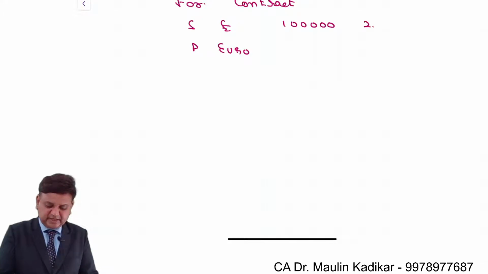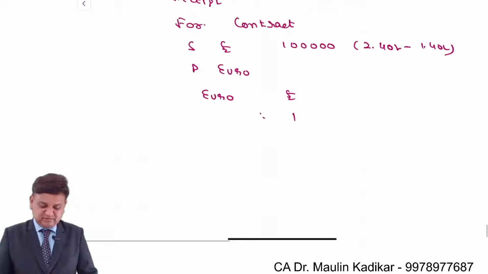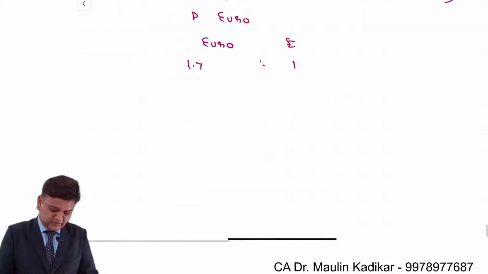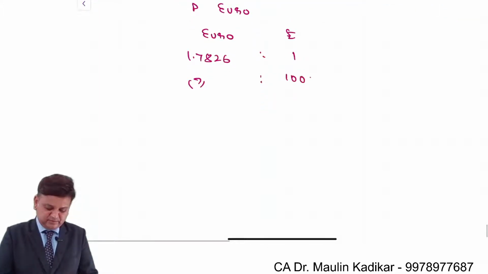How is this 1 lakh? 2,40,000 minus 1,40,000. 1 pound is equal to 1.7826 euro. This is the amount of euro for 1 lakh pound.